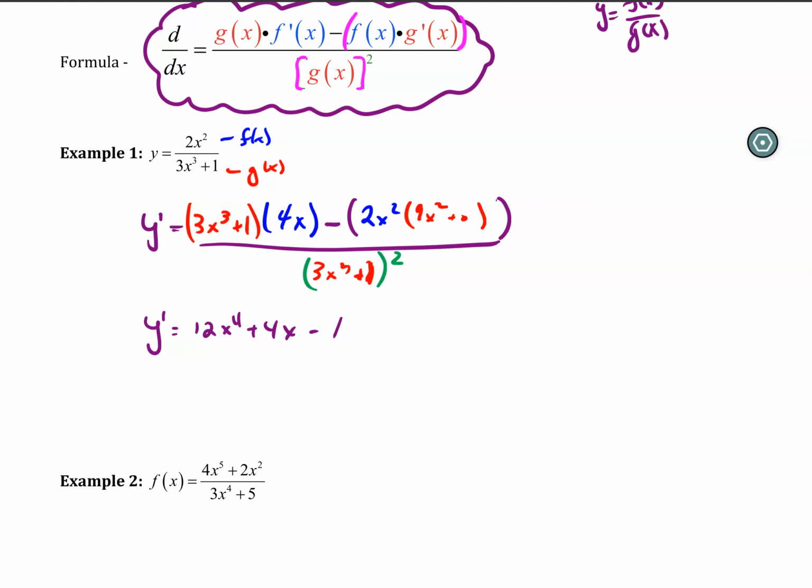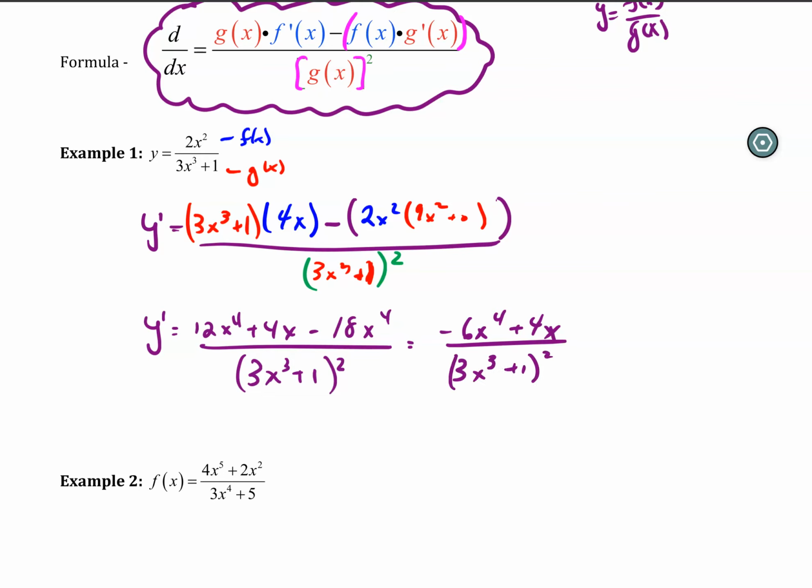So it gives me minus 18x to the fourth, all over 3x to the third plus 1 squared. I'm not even going to do this one out. I'm going to leave that. But I will simplify the top since I've got this. So you're going to have negative 6x to the fourth plus 4x all over 3x to the third plus 1 squared. And that's my derivative.